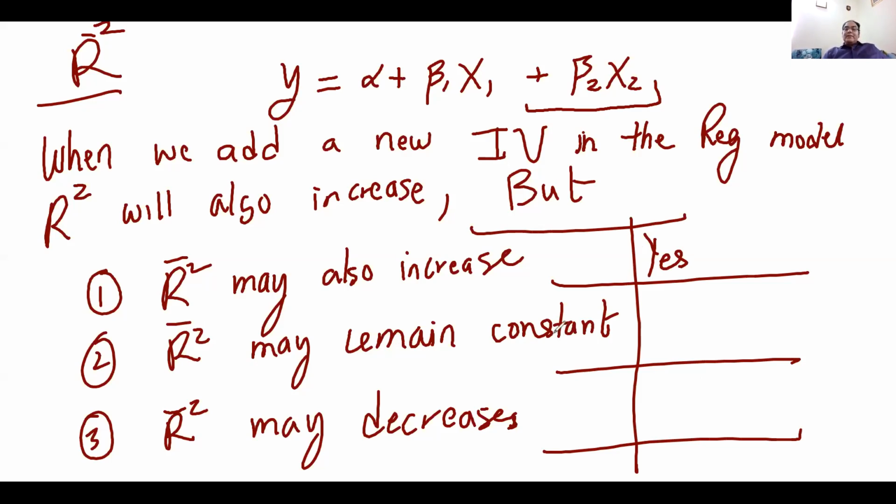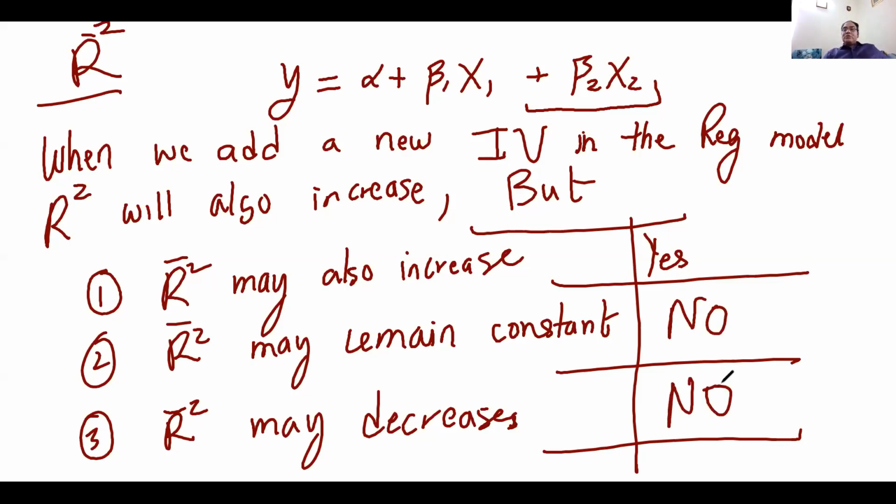Should we add that variable in the regression model? And in the third case, the R square will increase, but adjusted R square will decrease. So should we add the new independent variable in the regression model? The answer is no.